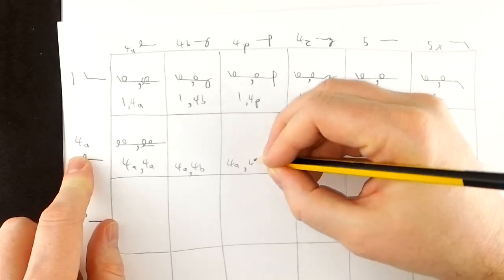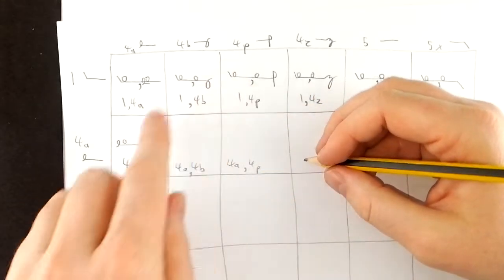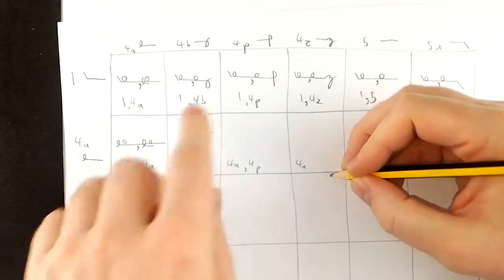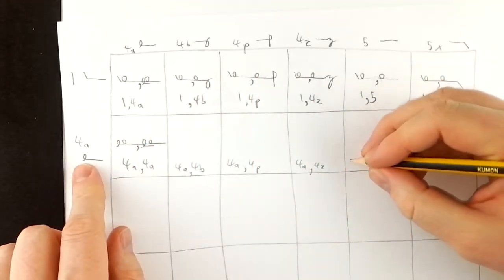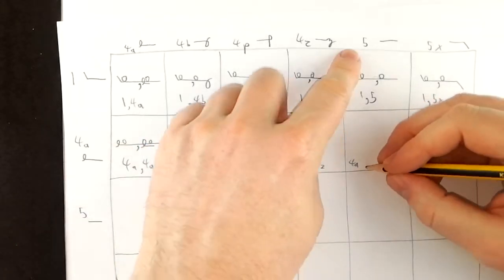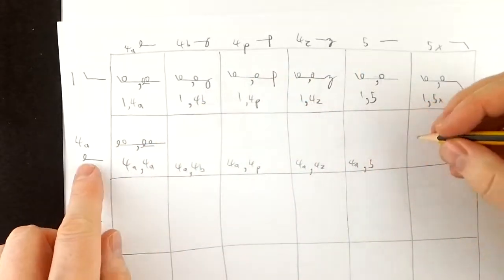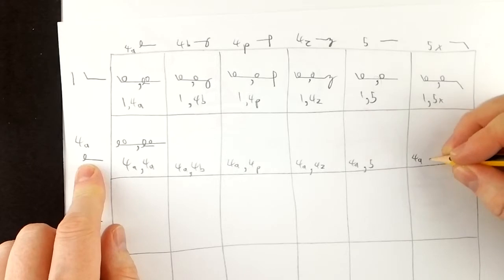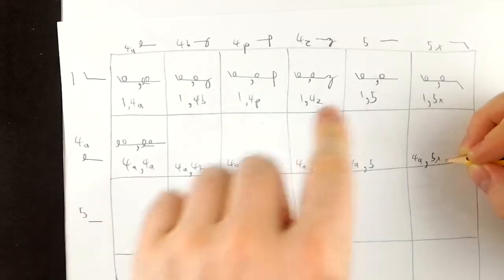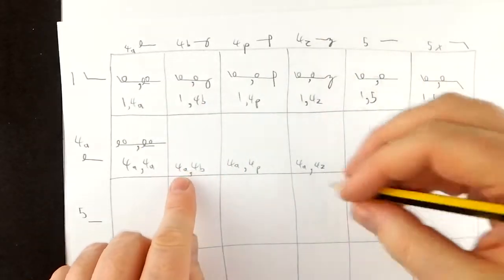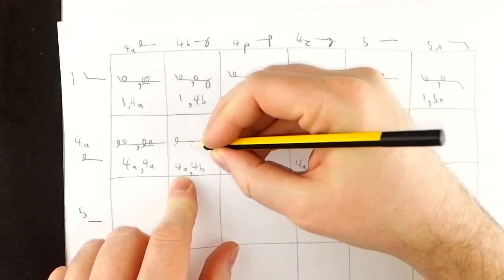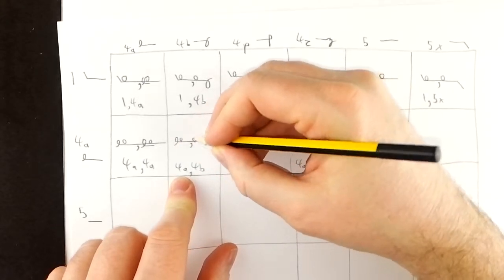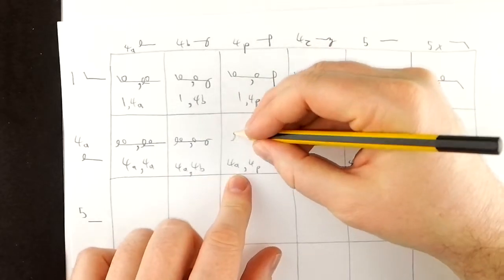We have 4A, 4P. We have 4A, 4Z. We have 4A, 5. We have 4A, 5X. The picture for this, 4A, 4B. That's beautiful. 4A, 4P.